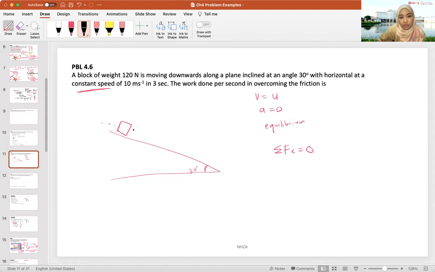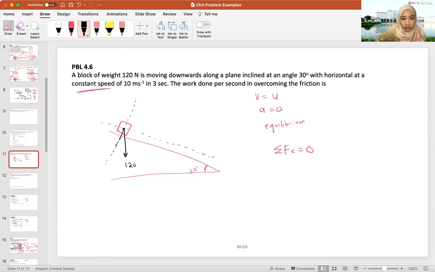So this is our imaginary axis. The best axis is to use the one parallel to your motion. This is from chapter 3. This is your y. So you have a weight of mg, which is 120. Let's just label this as 120 terus.